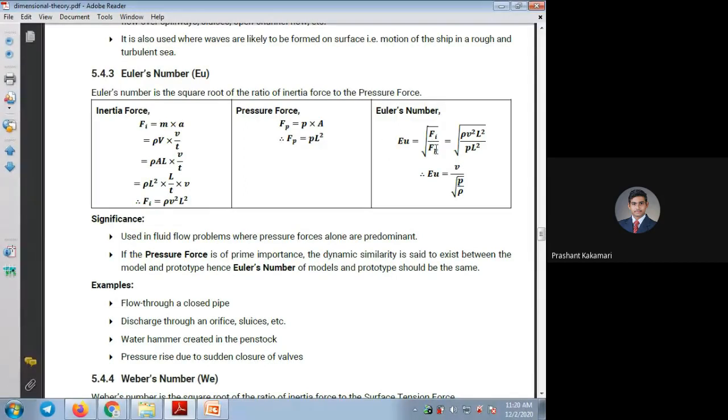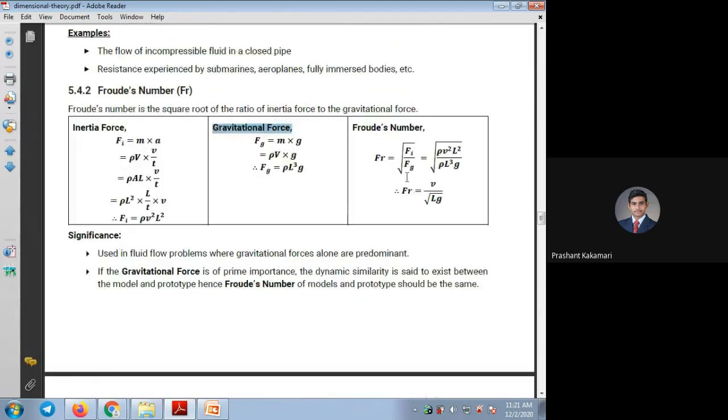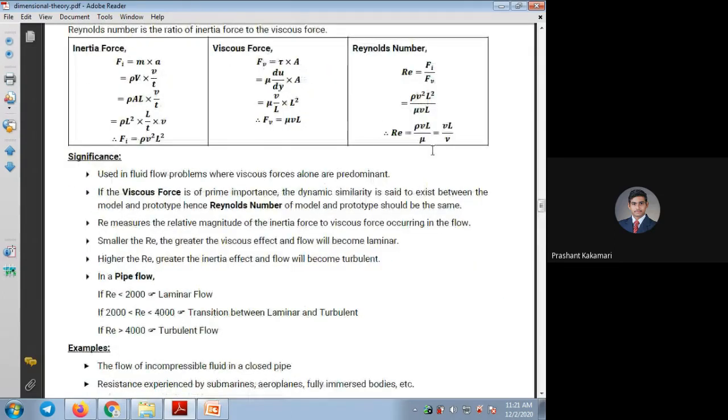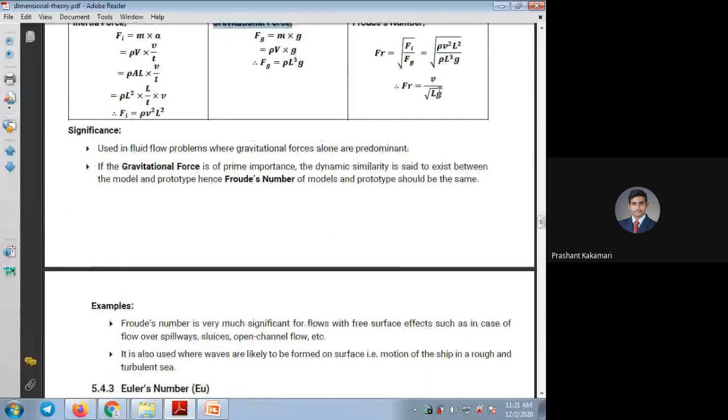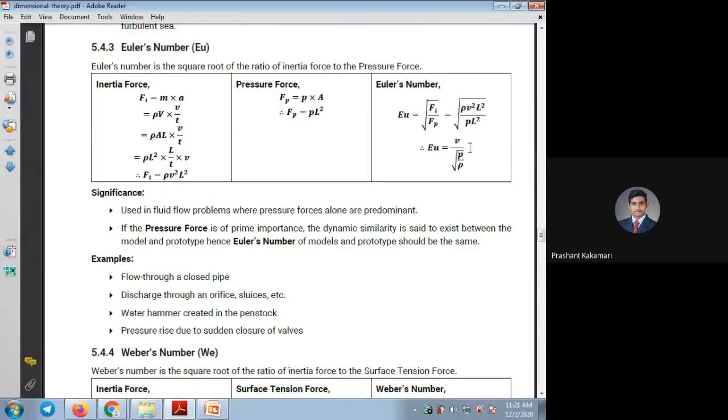Now taking the ratio, Euler's number is the ratio of velocity to the square root of P by rho. Then note down: Reynolds number is rho v L by mu, Froude's number is v by square root of Lg, and Euler's number is v by square root of P by rho.